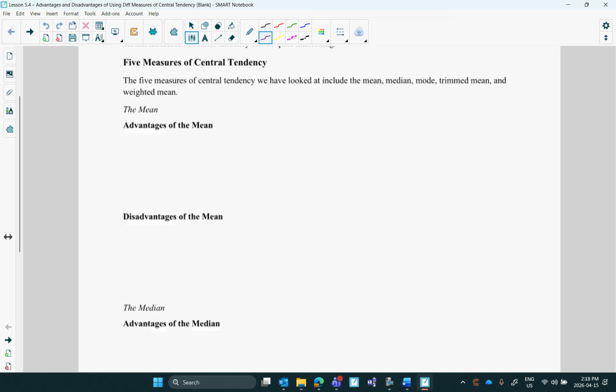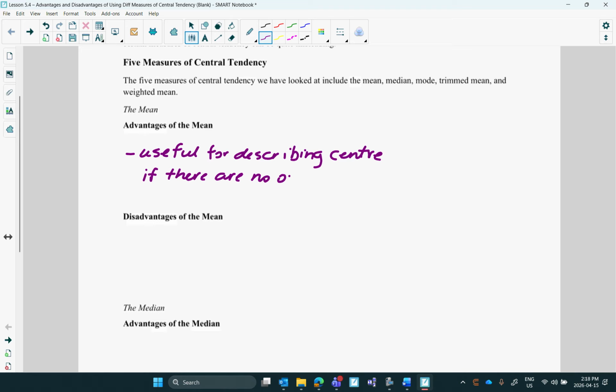The big thing about the mean, it's useful for describing the center if there are no outliers. And remember, outliers are extremely high or extremely low values.